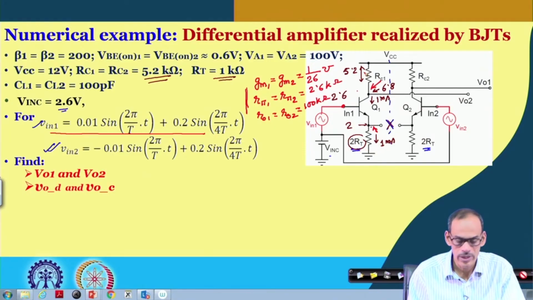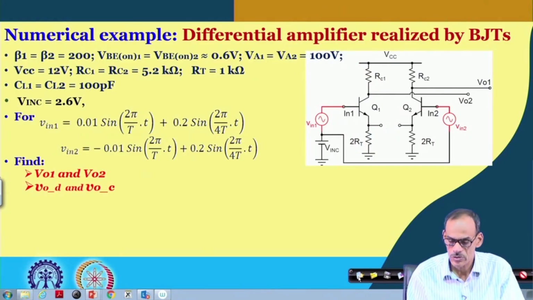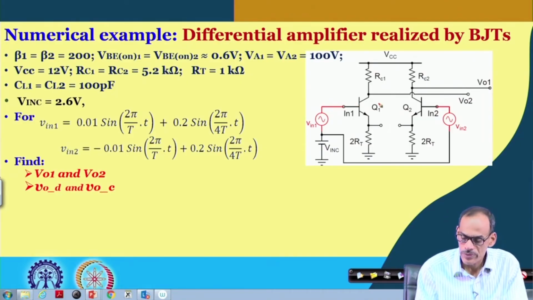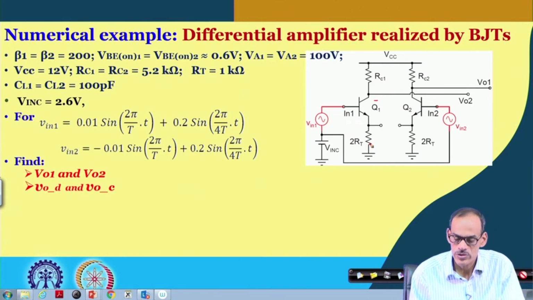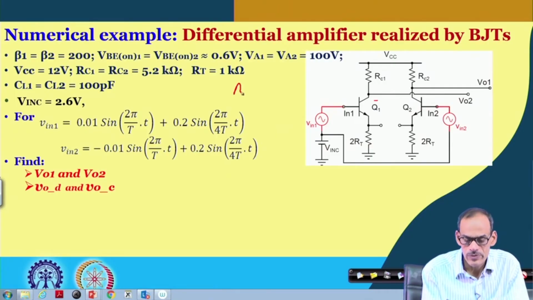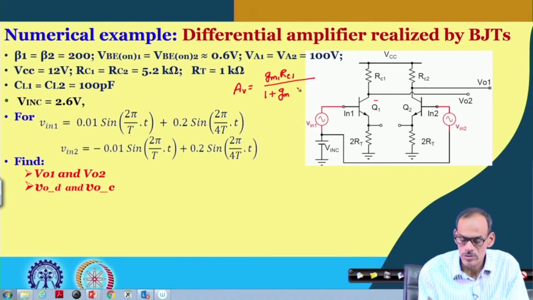So, let me clear the board and write those signal expressions. The voltage gain of this transistor Q1 and its associated bias equals gm1 into RC1 divided by 1 plus gm into 2 RT, of course, with a minus sign.